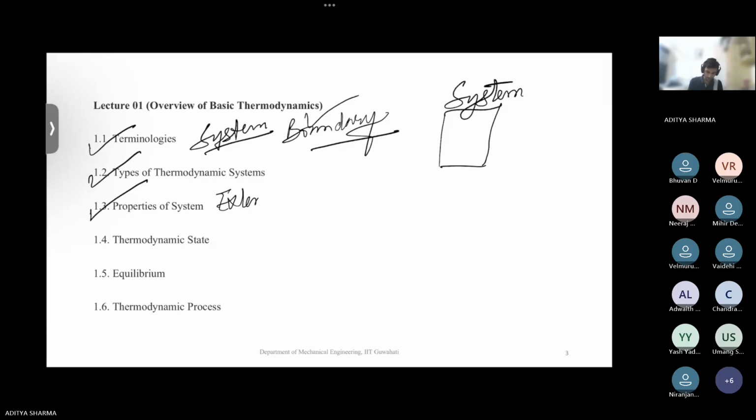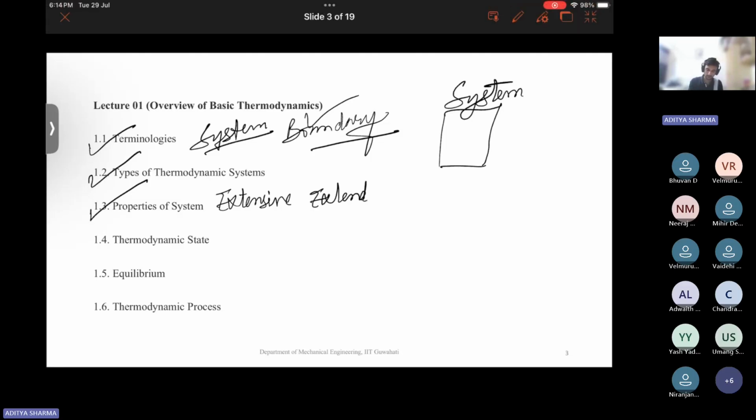Extensive basically is where the extent of the matter decides the property, right? The amount of matter decides the property. A basic example is mass, then also volume, right?